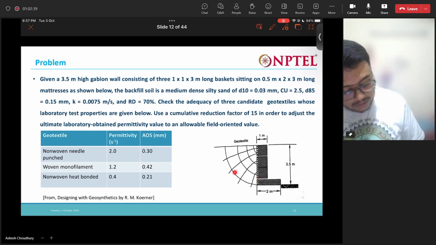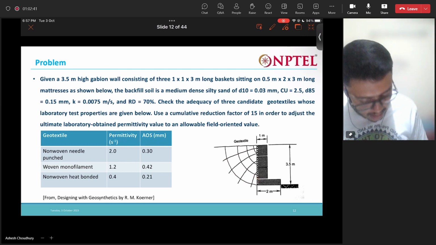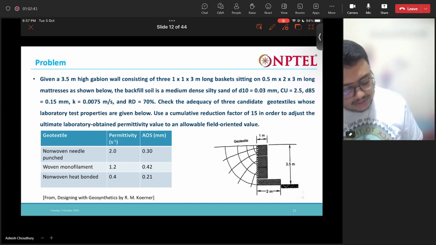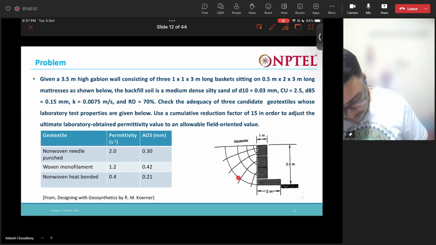Sorry, let us first see how many potential drops are there. 1, 2, 3, 4, 5. So 5 equipotential drops, and the approximate number of flow channels, if you see, is 1, 2, 3, 4.